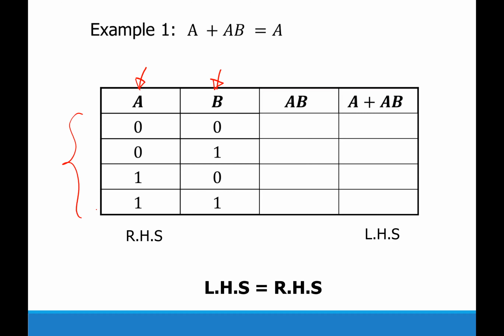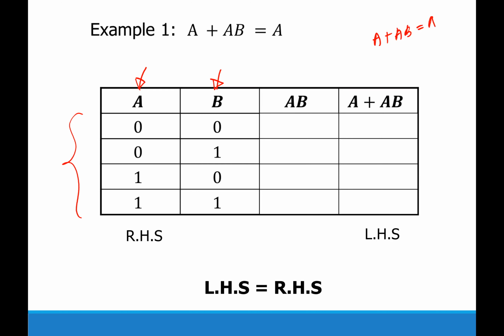If we have two inputs, we know that we have four possible input combinations. So we can write all four possible combinations for A and B. Now here we need to make the left hand side and the right hand side.